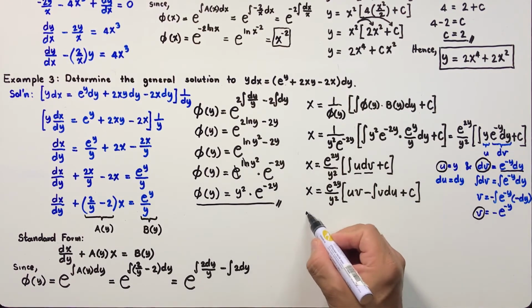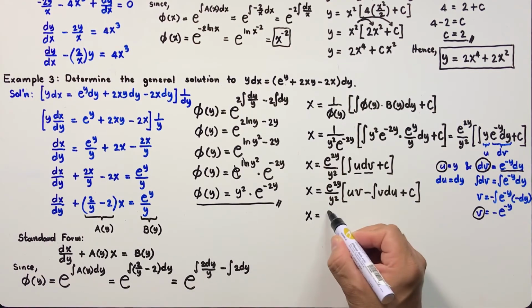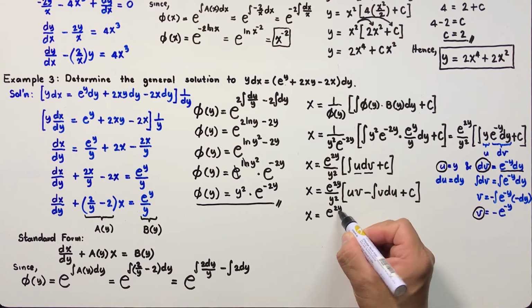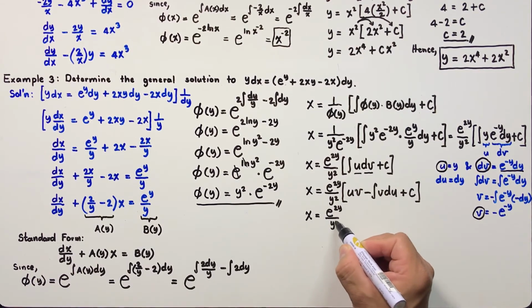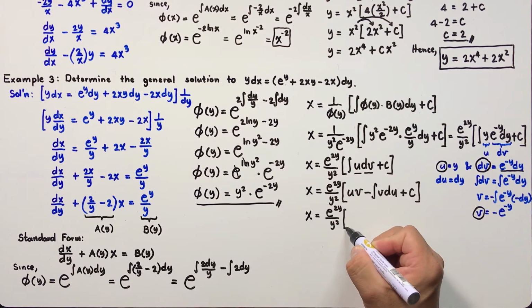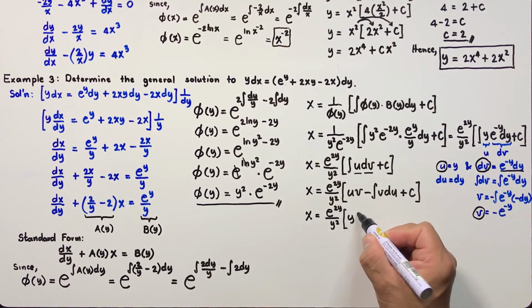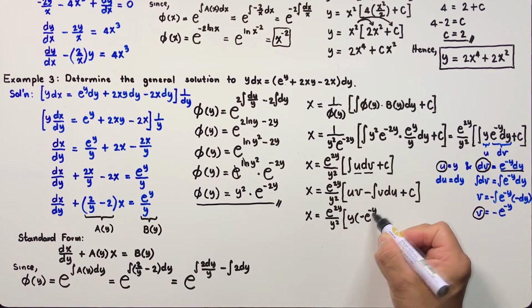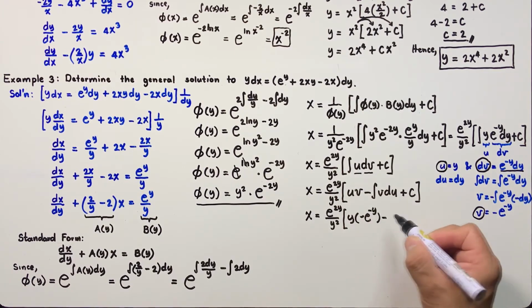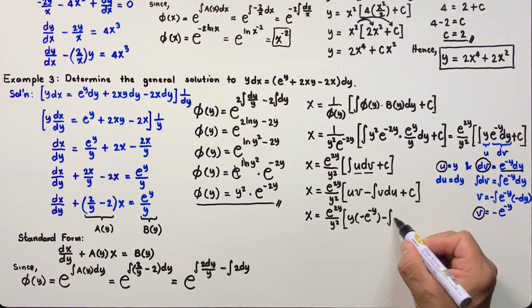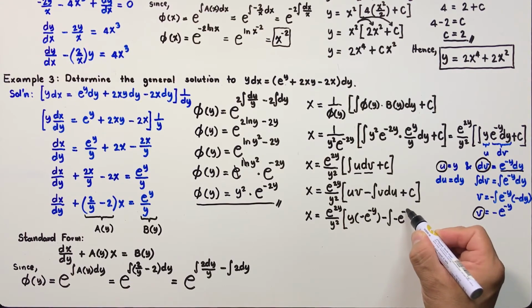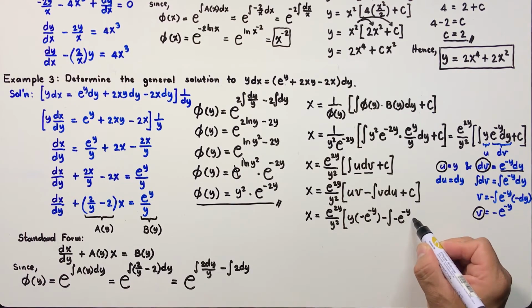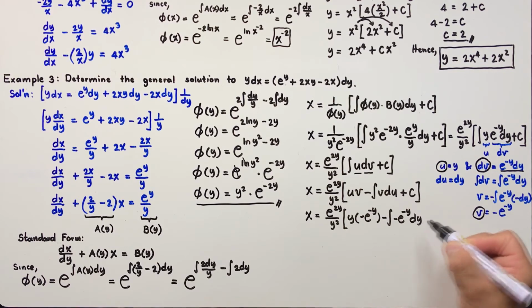So we have our x, which is e to the power 2y over y squared times our u, which is y, and our v, which is negative e to the power negative y, minus the integral of negative e to the negative y times du, which is dy here.